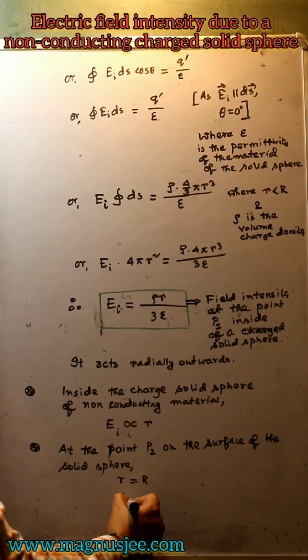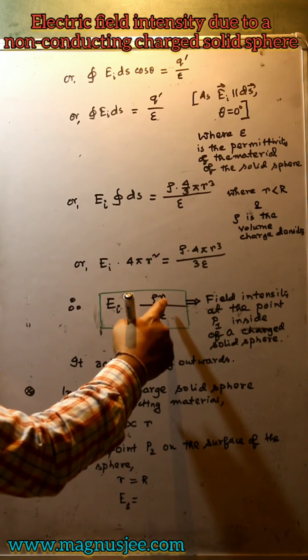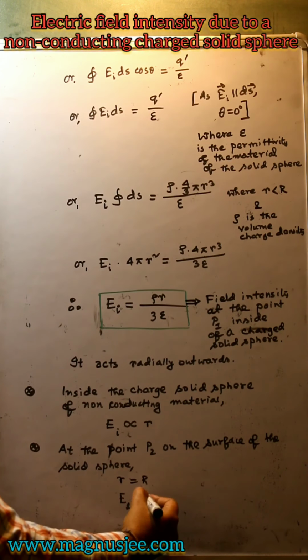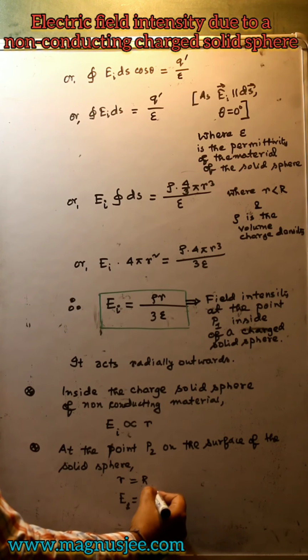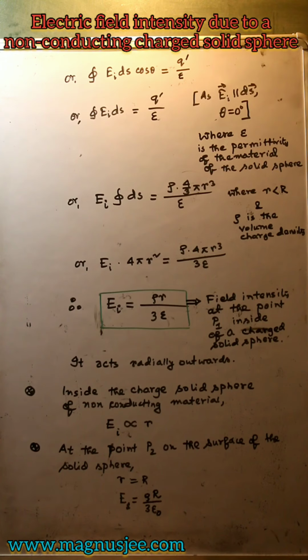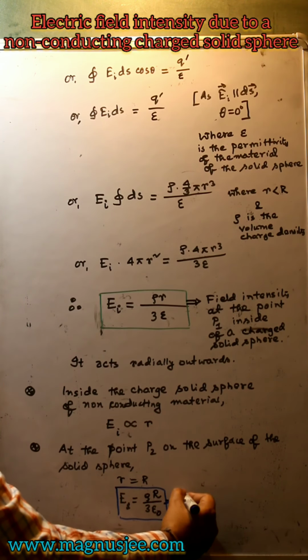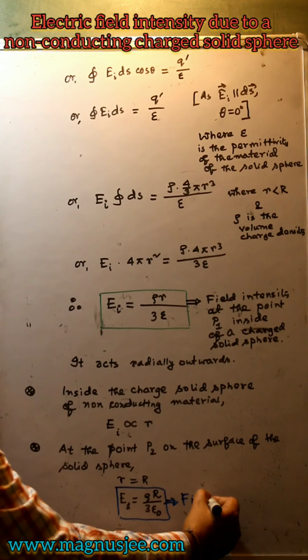It is denoted by Es, S for surface. In this expression we can put r as capital R. So it should be rho capital R divided by 3 epsilon 0, where epsilon 0 is the permittivity of free space. This is the field intensity on the surface.